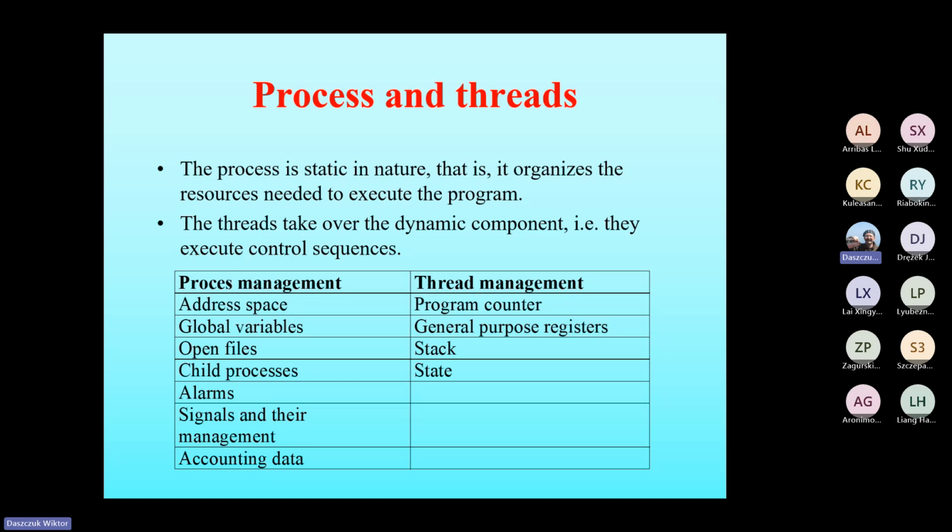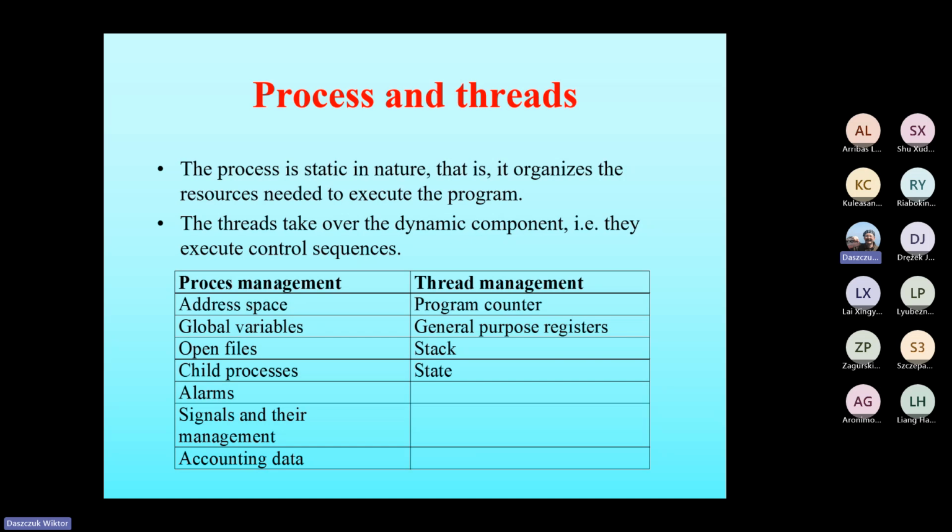So here we have a comparison. In process management, the process has the address space, global variables, open files per process, and child processes. When a thread creates a child process, another thread can kill it, because they belong to the same process.